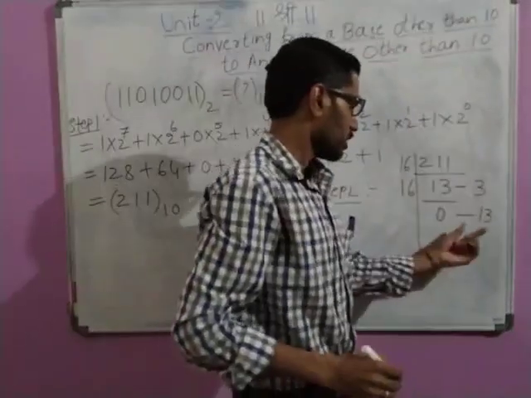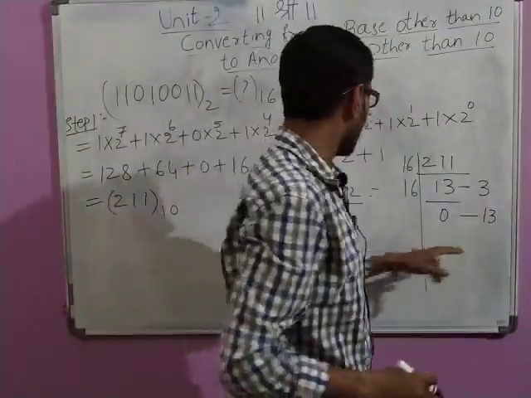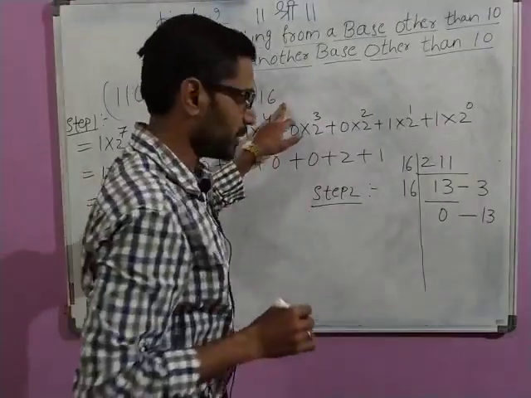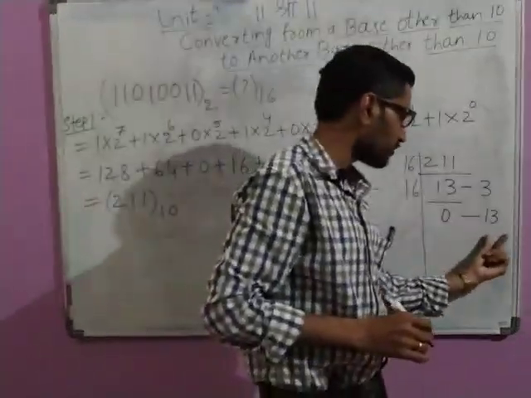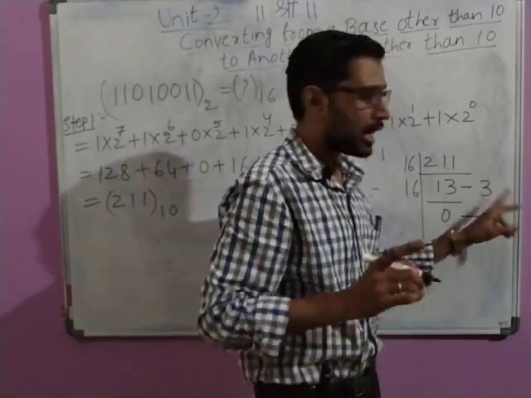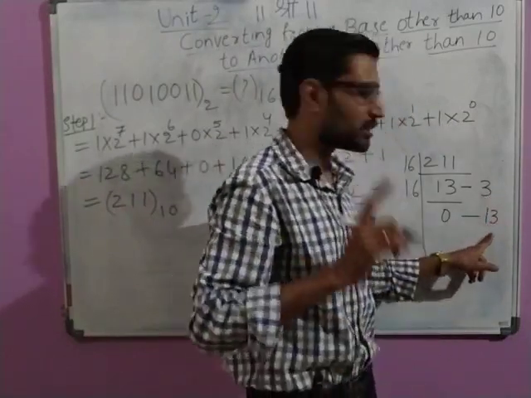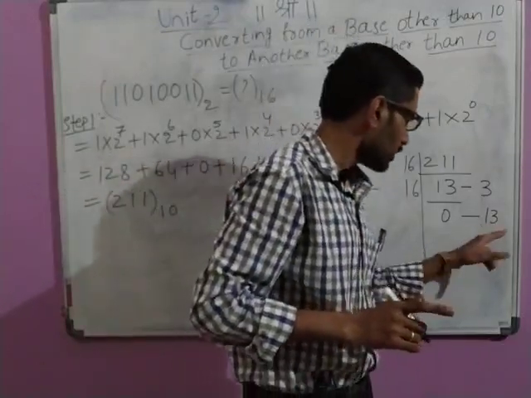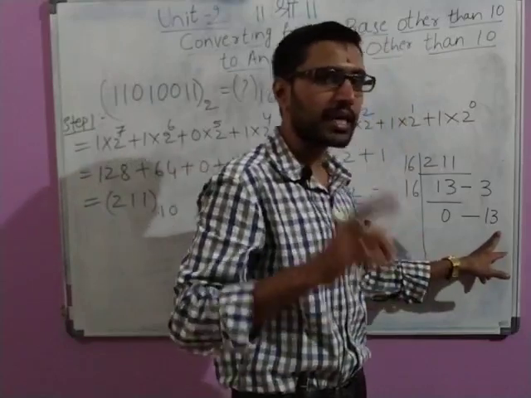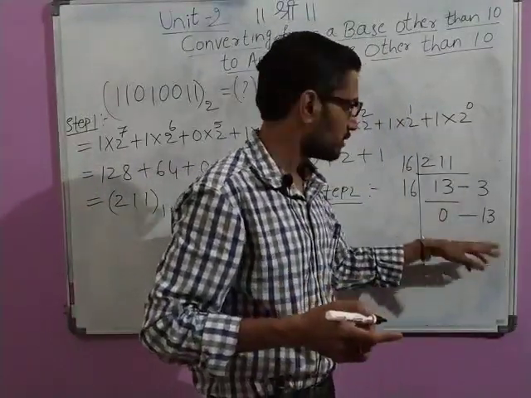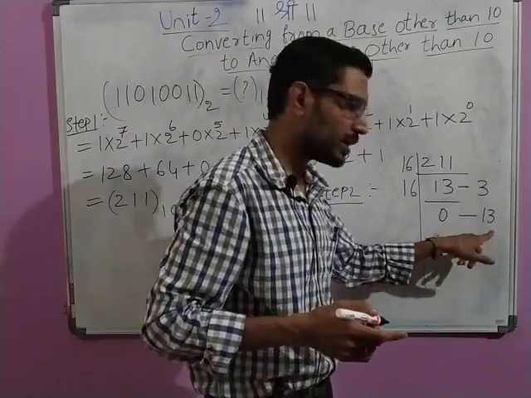Now again, remember that we are converting to which base? We are converting to the hexadecimal base. And what result have we got? We have got the remainders 13 and 3. You need to remember that we don't have any symbol like 13 in hexadecimal. So what we need to do? What is the equivalent of 13 in hexadecimal? For A it is 10, for B it is 11, C is 12, D will be 13.